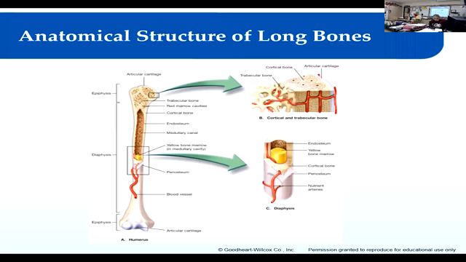And that's also where we see the red marrow. Now, red marrow is different than yellow marrow in that that's where we see blood cell formation. Okay, so hematopoiesis, that's where that takes place. And so we see a lot of red bone marrow in our flat bones and short bones because those are mostly trabecular.